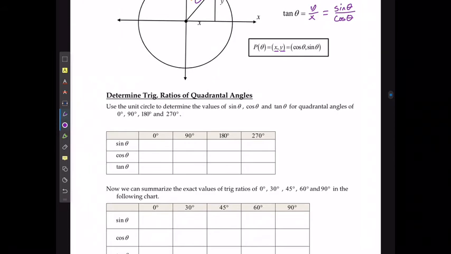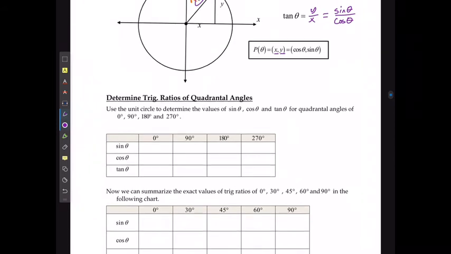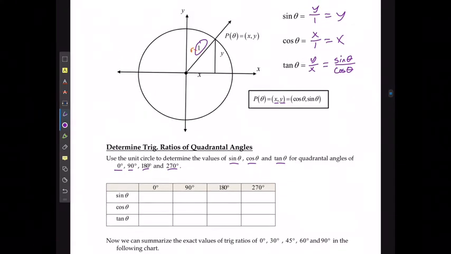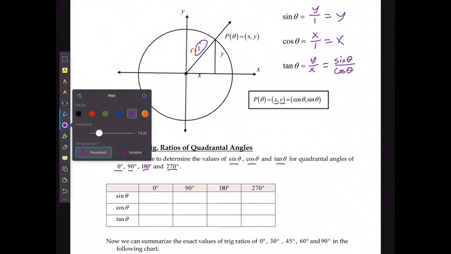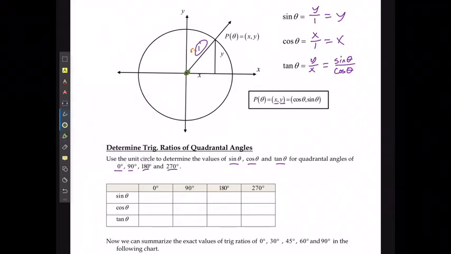If I'm using the unit circle to determine sine of theta, cos of theta, and tan of theta for the angles of 0, 90, 180, and 270 degrees, well, if I start at 0, then I'm going to have the point of 1 and 0, which means that sine is going to be 0 and cos is going to be 1.